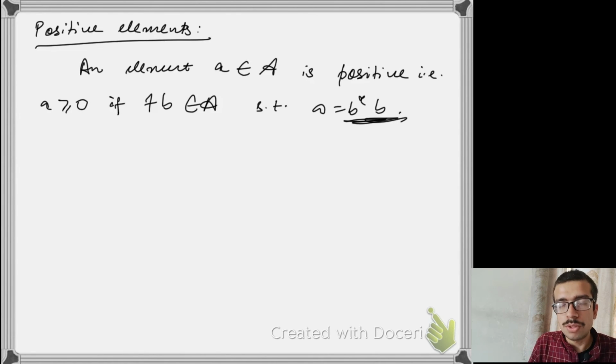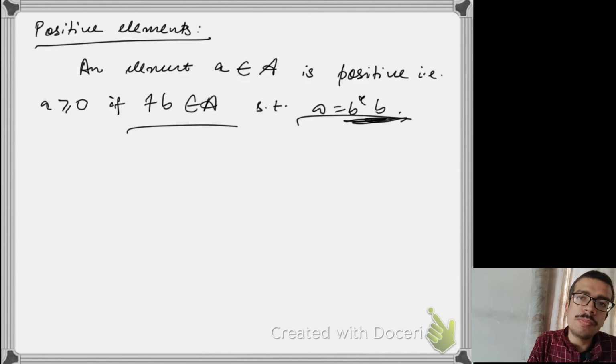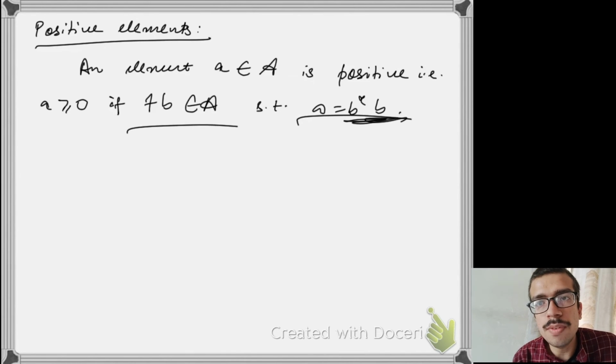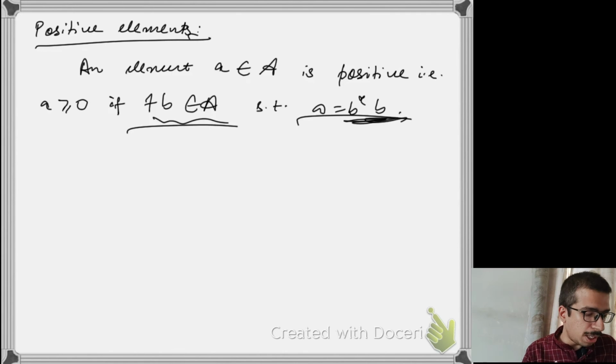The adjoint of an operator refers to conjugation here, and we are using that same necessary and sufficient condition for a bounded operator to be positive. We can actually define a C-star element to be positive if there is some element B such that A is B star B. So this definition also agrees with our definition on the space of bounded operators on a Hilbert space, and that is the motivation for this definition.